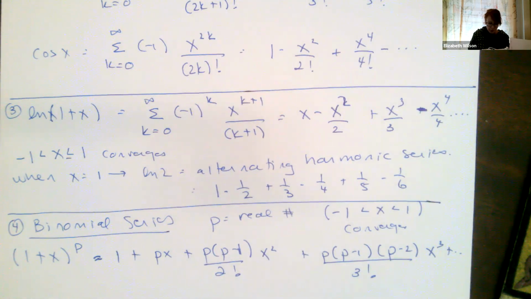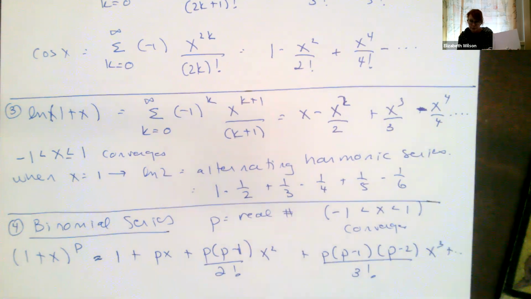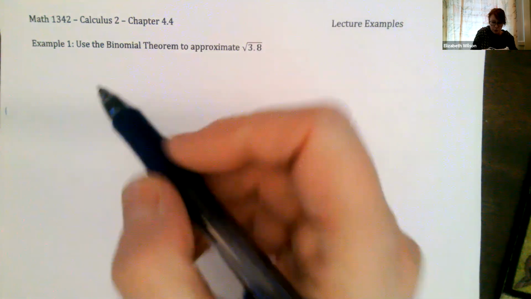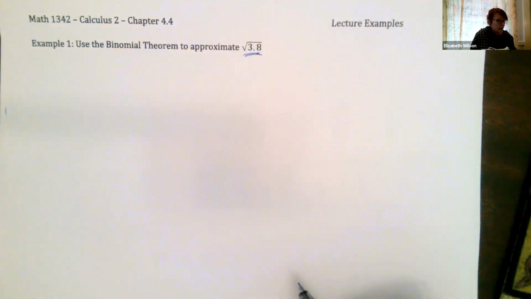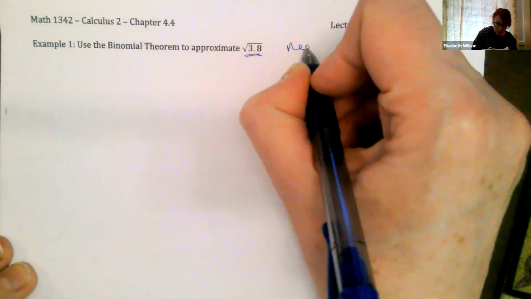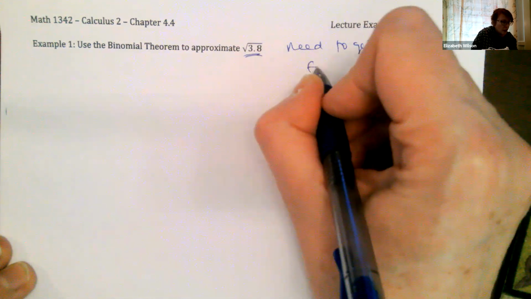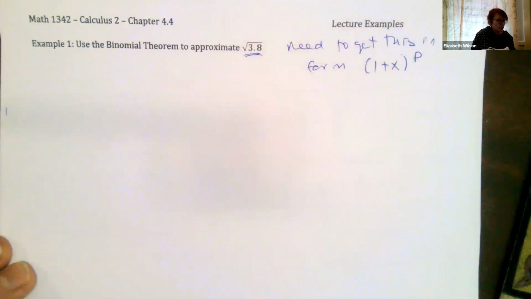And we're going to use the Maclaurin for the binomial in order to answer this question here. Okay, use the binomial theorem to approximate radical 3.8. This is kind of like a thought process, how we get there. So we need to get this in the form of (1 plus x) to the p power. That's kind of my goal.